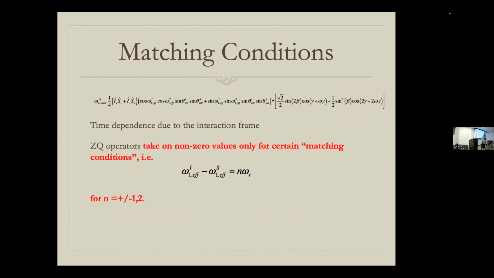That's what came from asking, in that long Hamiltonian that was in Cartesian, which parts can be rewritten as zero quantum operators. So this is not the whole Hamiltonian, this is just a subsection.